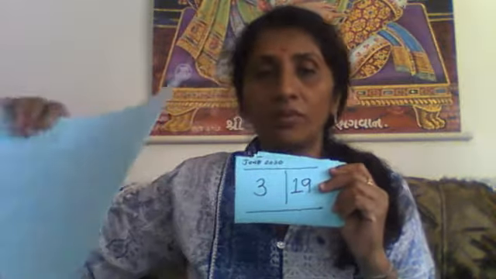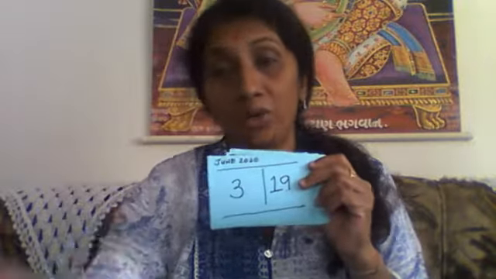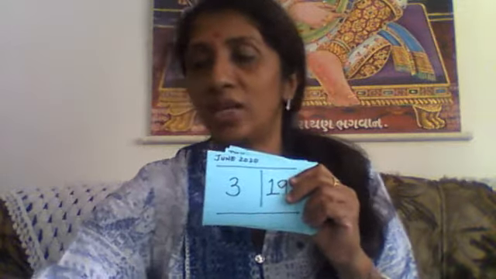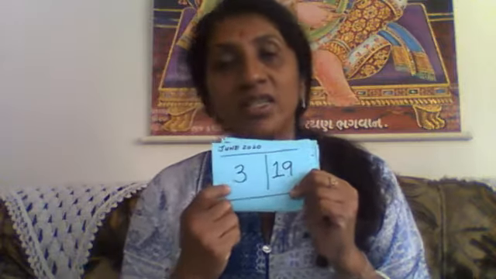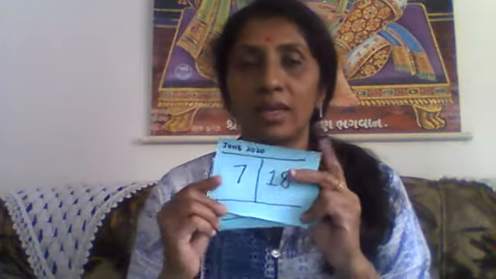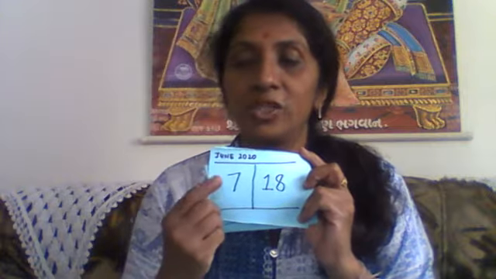I have this now. I made this. Let's look at yours. I keep mine on one side so that I can read very fast. The third day is called Jyesht Shukla Dwadashi. Jyesht Krishna Trayodashi. 7th, Jyesht Krishna Dwitiya. 18th is Jyesht Krishna Dwadashi.